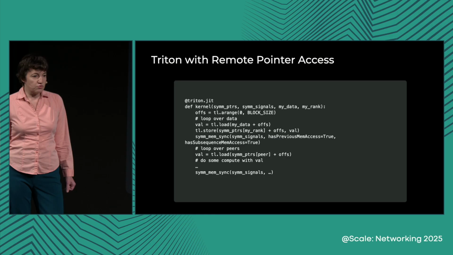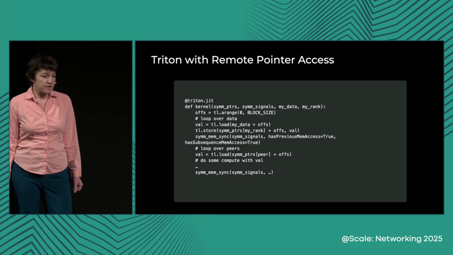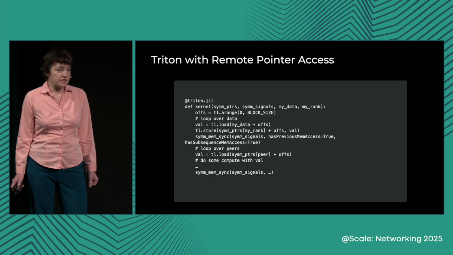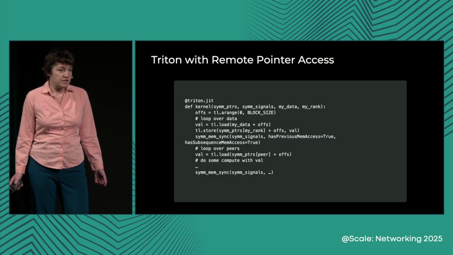You read some data, you perform some computation on it, you write it back. The only noticeable difference here is first you have to synchronize to make sure that everyone is ready for communication. And we are providing a primitive for that with very readable parameters so that you exactly know what parameters to call it with. And after that, you're on your way.